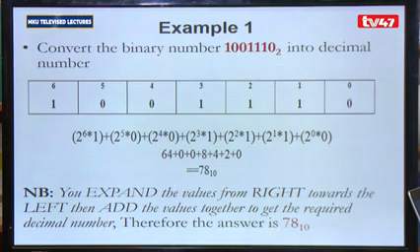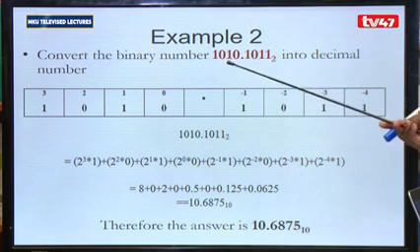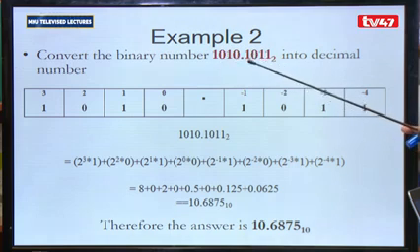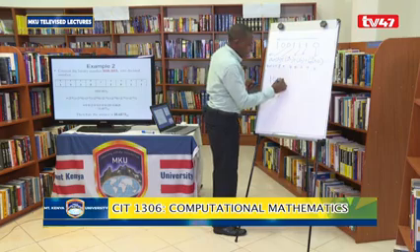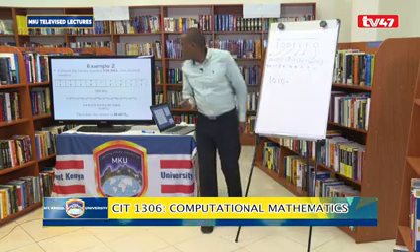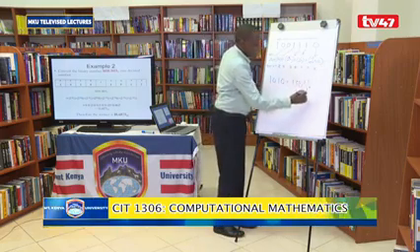We can do one more simple example so that you can understand more. In this case, we are going to do a binary number with a fractional part. This is 1010.1011 base 2.